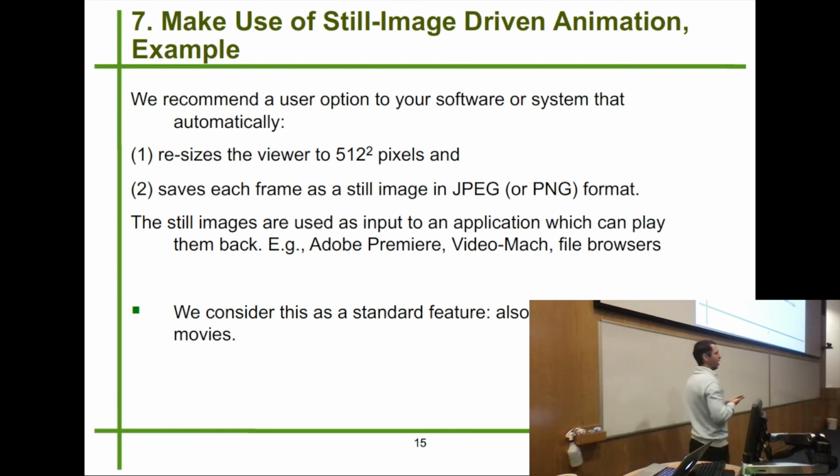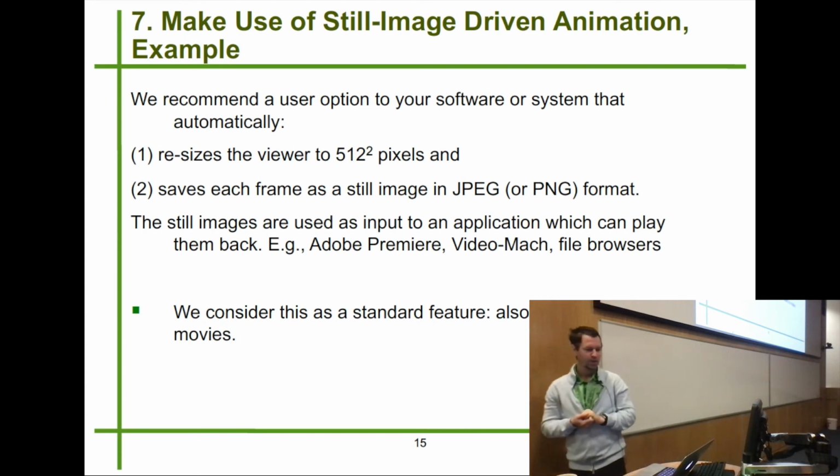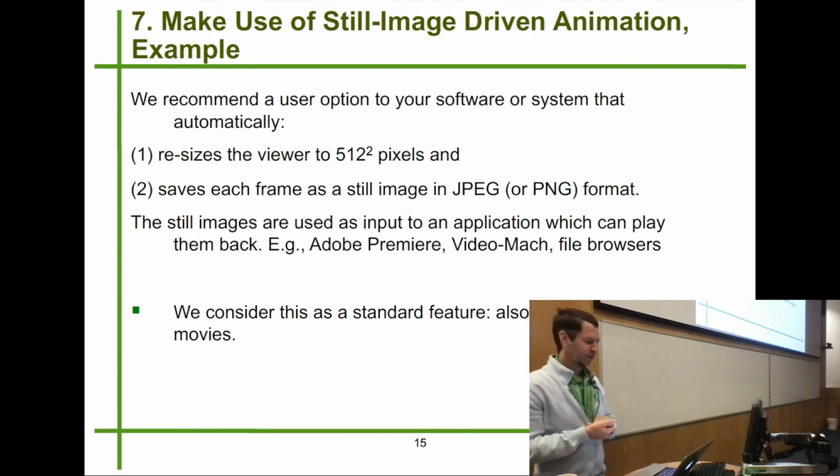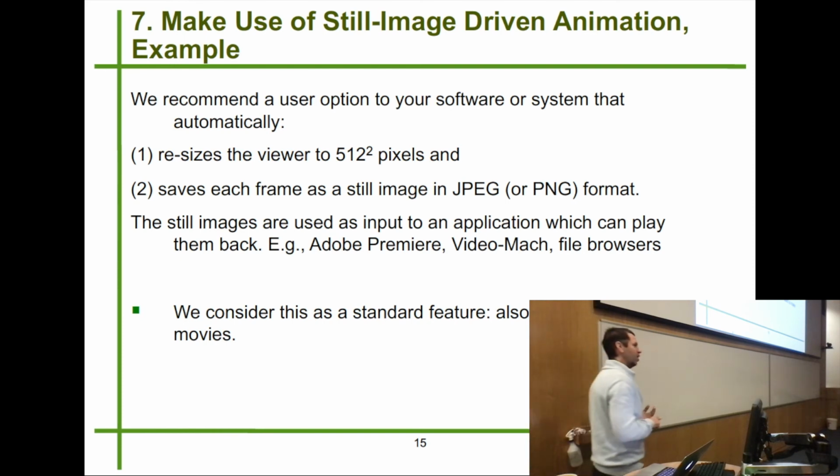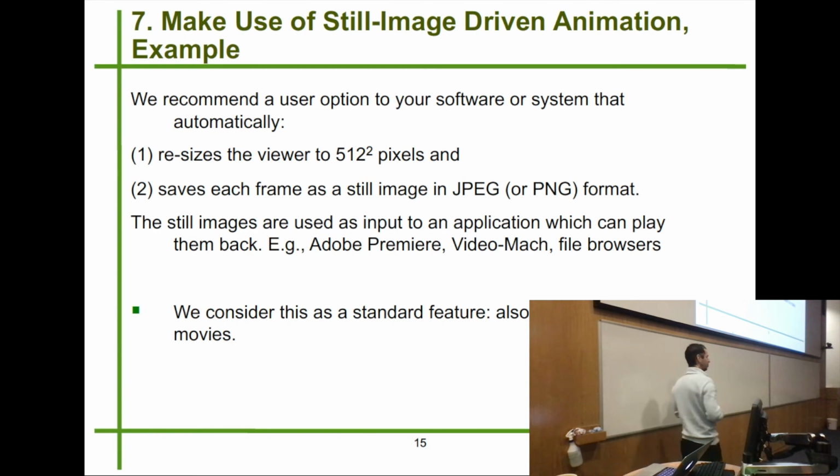So that if it crashed after 5 minutes, I could go back through the set of still images and watch them to see exactly where and why it crashed. And you can play back still images in lots of different pieces of software, right? Adobe Premiere plays back still images. VideoMock does. File browsers do. Like the Windows file browser plays back still images, and so does the Mac file browser.